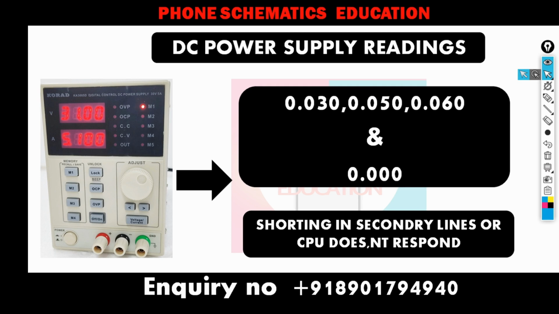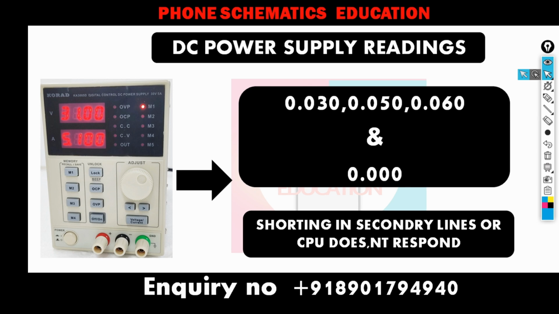Because as I already told you, the power IC produces the buck voltages for the CPU. But if there is a shorting in a secondary line, it also goes back to 0. If the CPU does not respond and feedback does not come to the power IC, the current also goes back to 0 because the power IC sequence does not hold the PS hold.